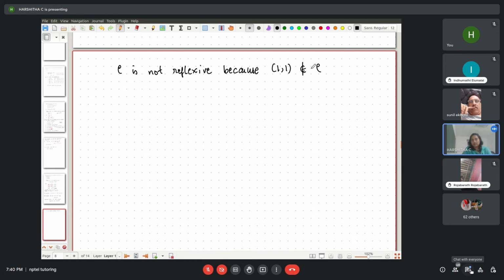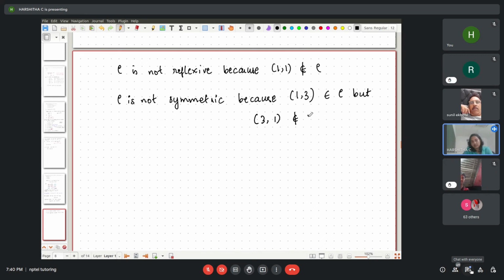It does not belong to this set. This is not symmetric because this element is in rho, but when you reverse the order, this is not there in rho.